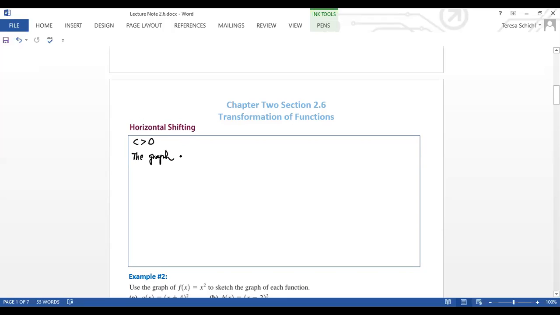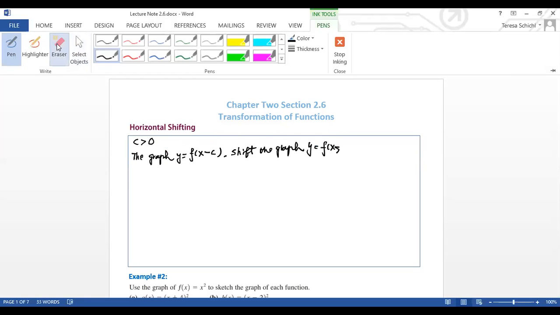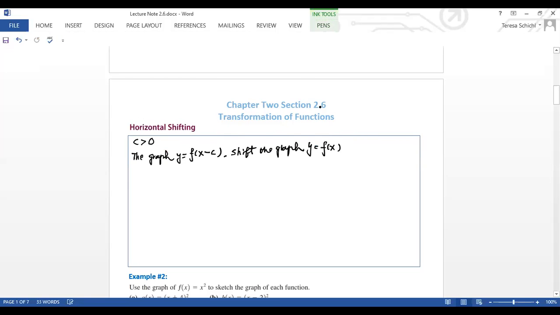So the graph y equals f of x minus c is a shift of the graph y equals f of x to the right.